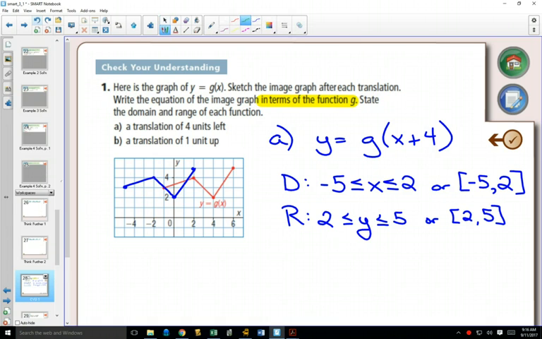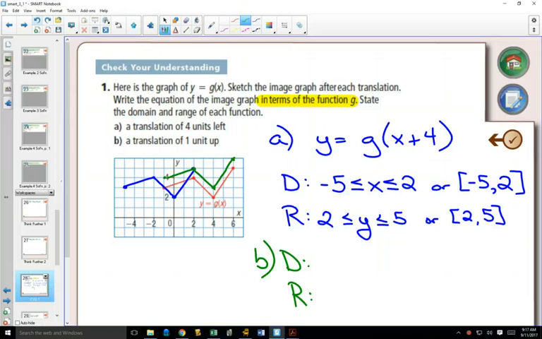We'll do part B, a translation of one unit up. Again, you take each of the points, the key points, shift them one up, connect the dots, and there we have the graph B. Its domain and range.